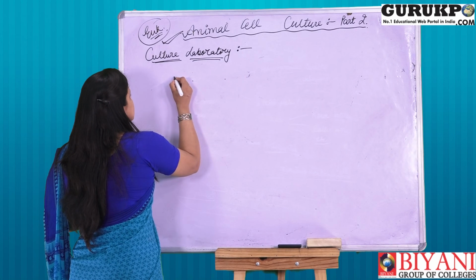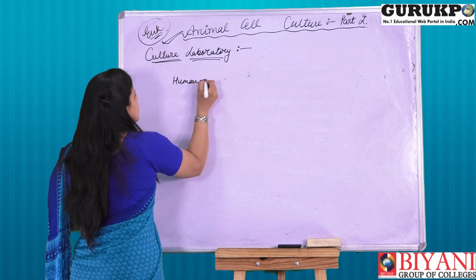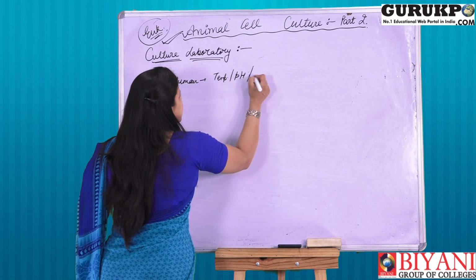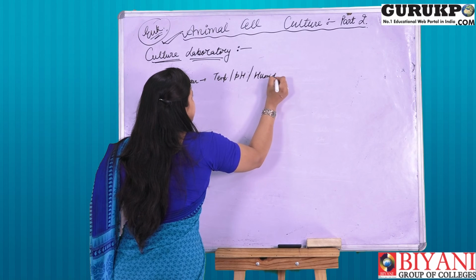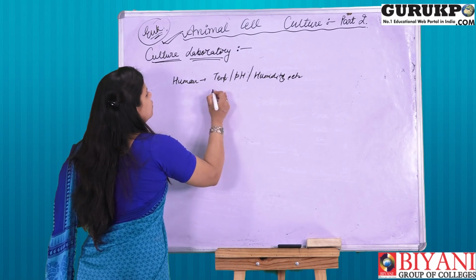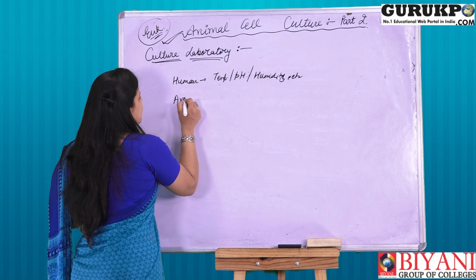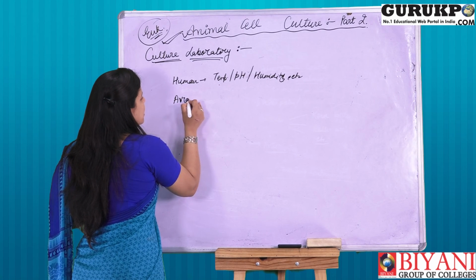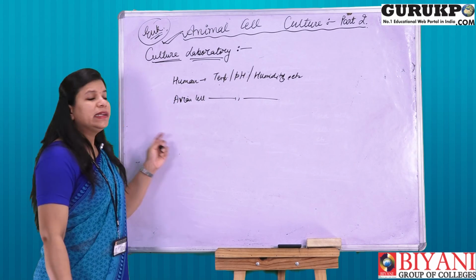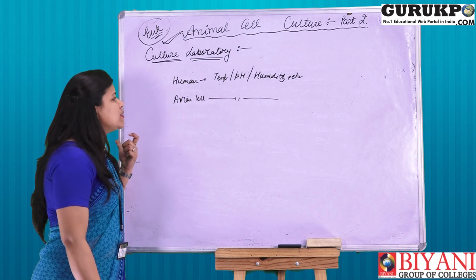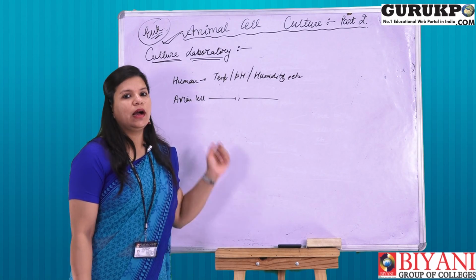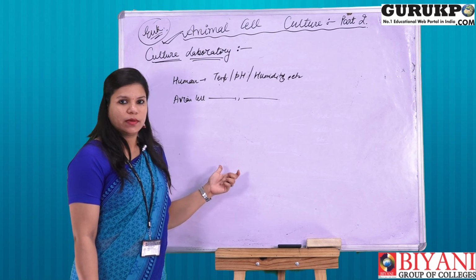Suppose the cell is taken from a human body, then the temperature need, pH need, humidity, buffers, etc. will differ. If you are taking a cell from an avian source, then also all these characteristics will vary. So it is very, very important to select a specific kind of media according to the cell type, right?